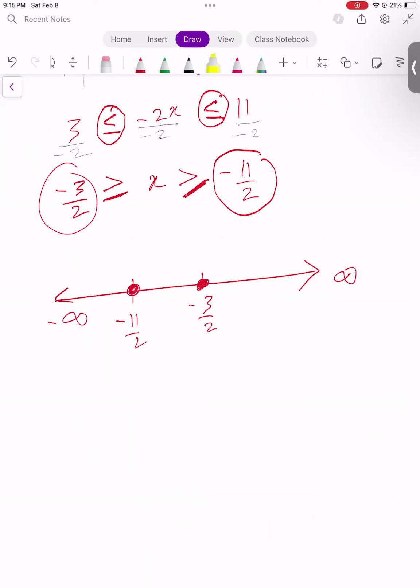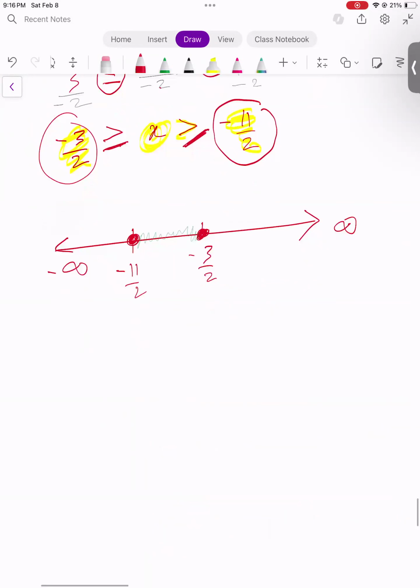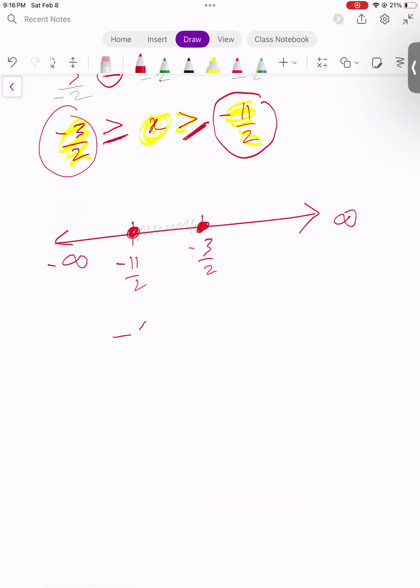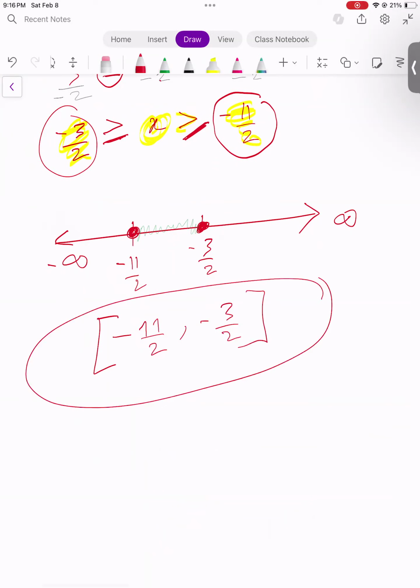Where do we find a number x which is less than negative 3 over 2 and greater than negative 11 over 2? That is in these numbers. So in interval notation, from negative 11 over 2 including this to negative 3 over 2 including this, and this is the solution for this inequality.